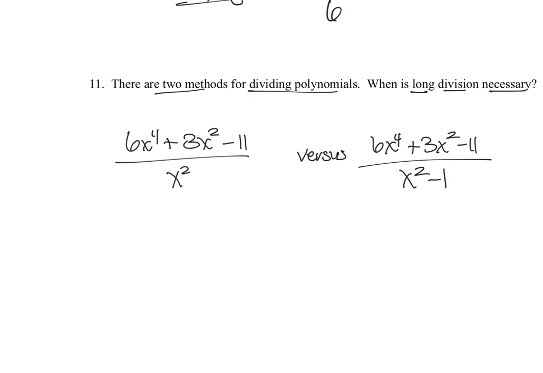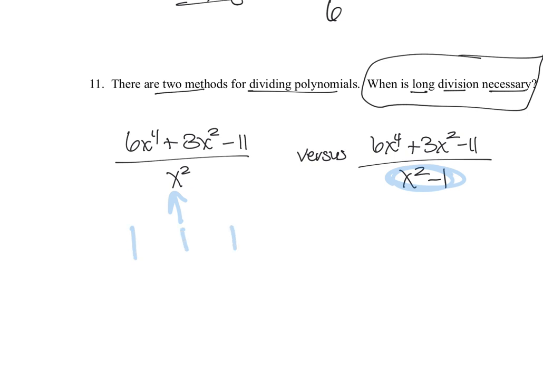Which one of these would require long division? When is long division necessary? It is necessary when you're dividing by something other than a monomial. If it's a monomial, you can split it into 3 separate fractions. If it is anything but a monomial, you're going to be required to do long division.